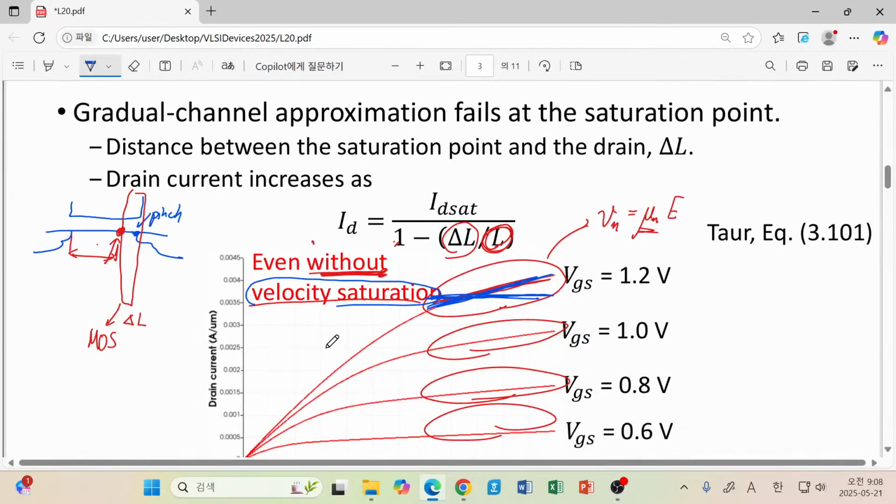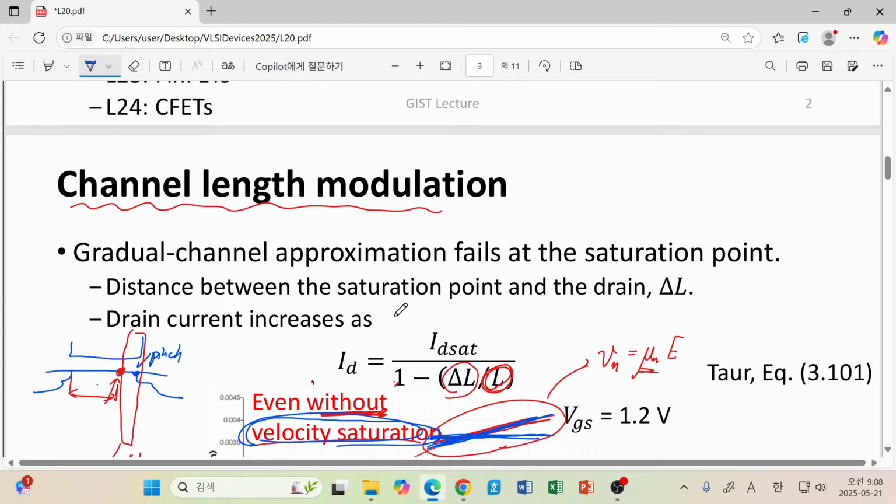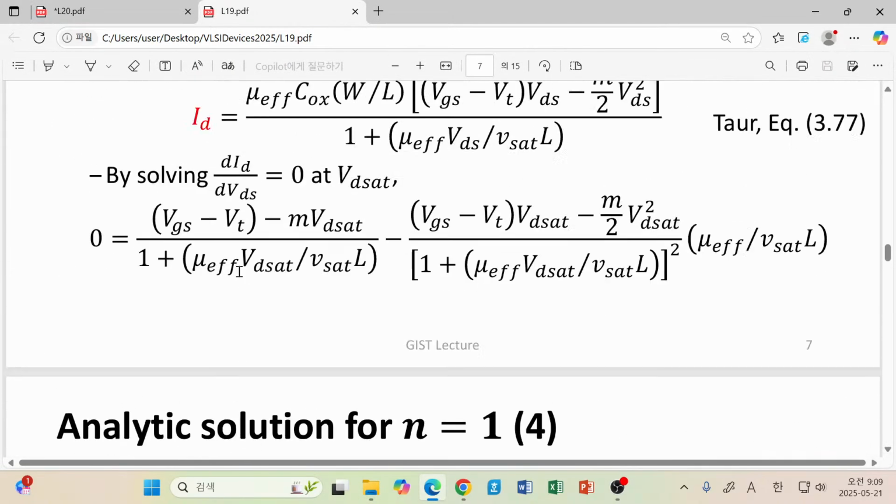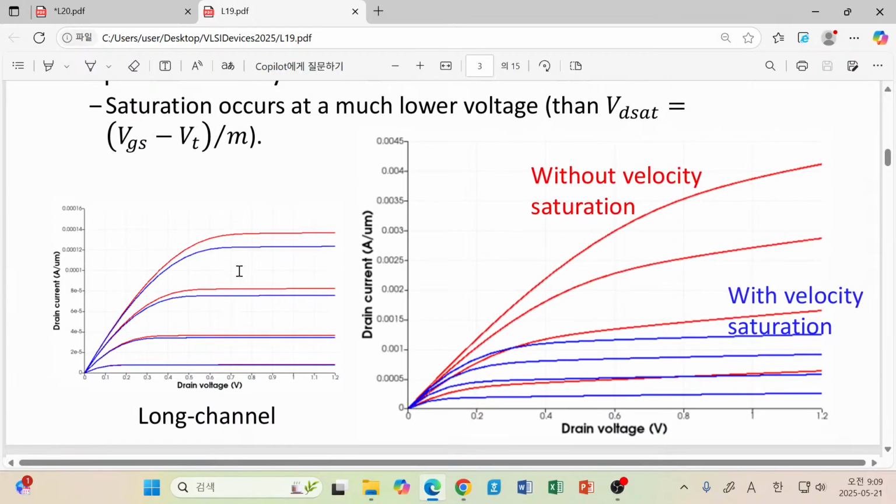But we have to be a little bit careful because both velocity saturation and channel length modulation occur together in the same device, and which one is dominant in our case, as you have seen in our previous lecture material. So let's come back to our previous lecture material and have a look at these graphs. Once again, this red curve is the simulation result without velocity saturation, only channel length modulation.